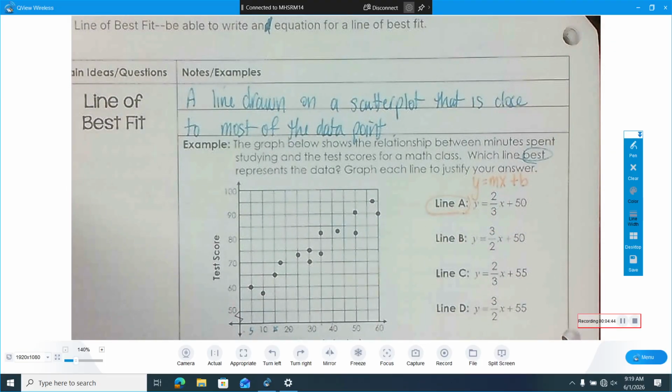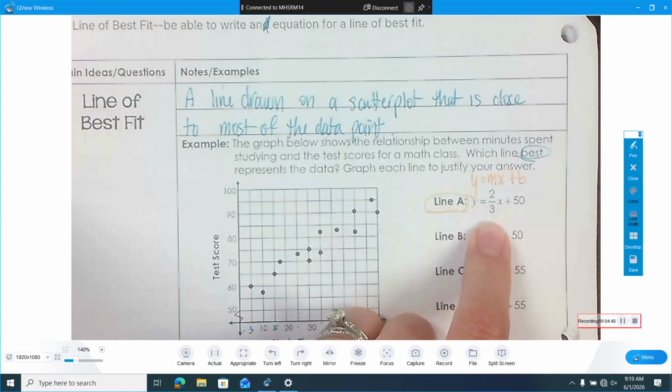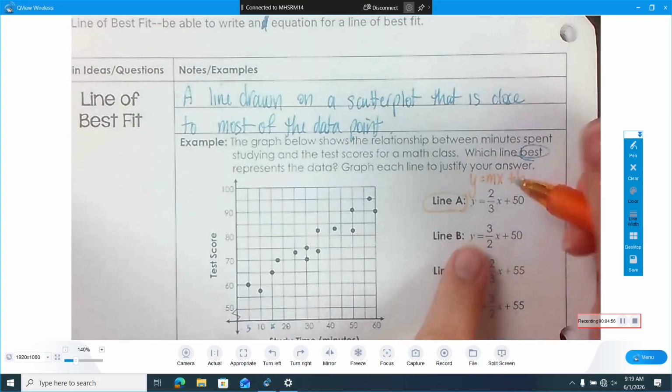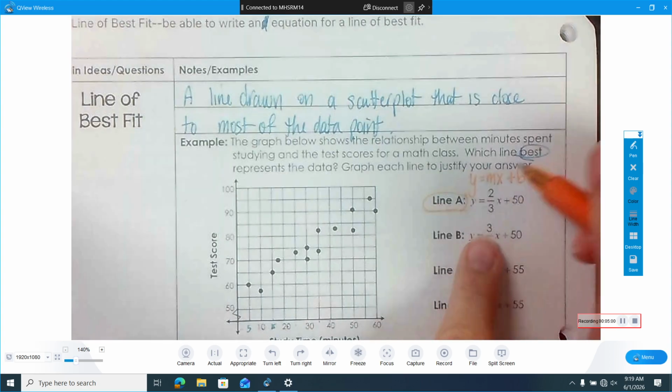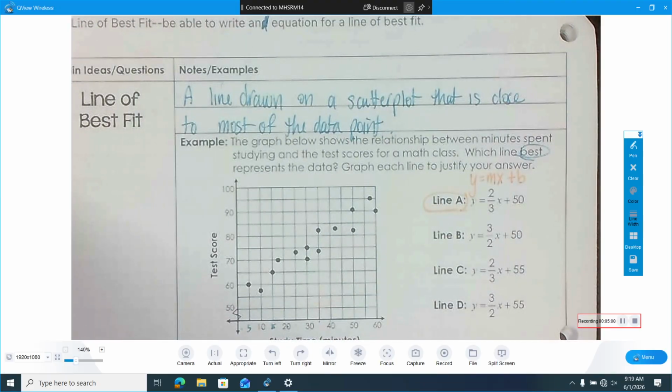What did m stand for? It's slope. It's the rise over the run. And then what does b stand for? The starting point. It's the beginning point. B for begin.